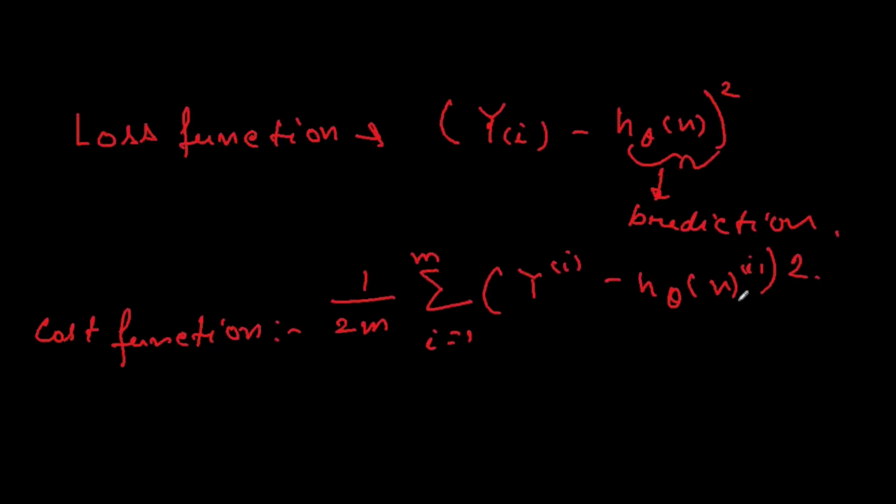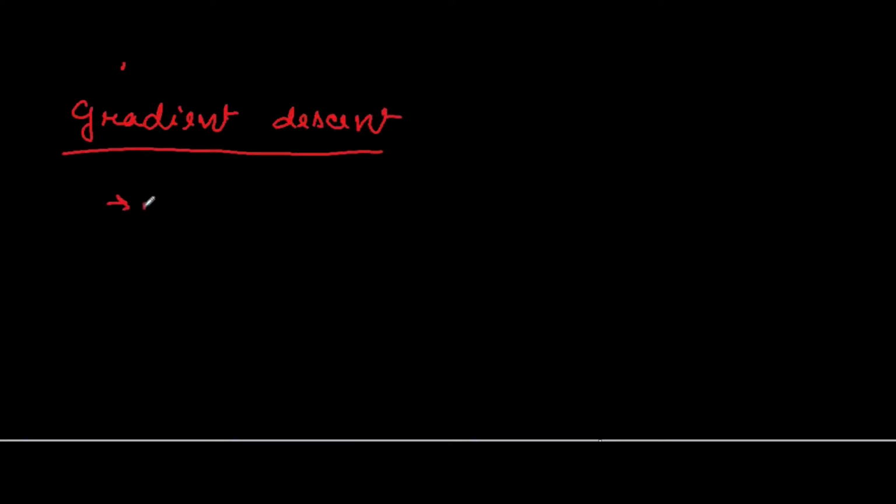And after this, what we do is basically we go on to understand gradient descent. What we do in gradient descent is we update the parameters, right? Update the parameters.